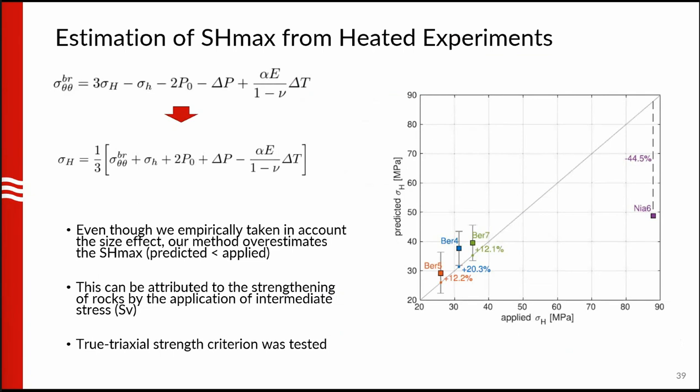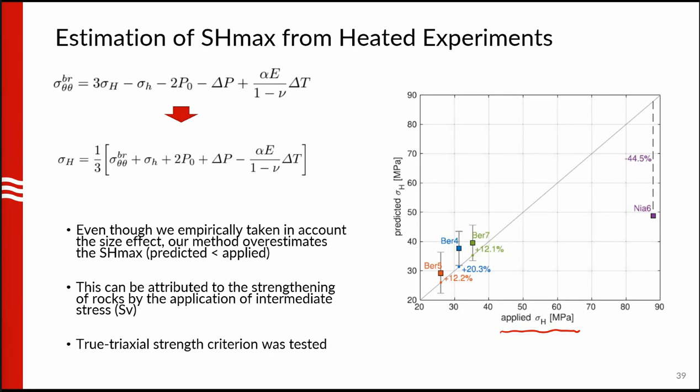On the right, we're plotting the cross plot of the actual applied horizontal stress on the horizontal axis, and then on the vertical axis is what we recover from our temperature measurements in the thermal breakout method. So you can see that there is a first order success. Yes, you are predicting roughly the correct trend where the predicted value goes up as the applied value goes up.